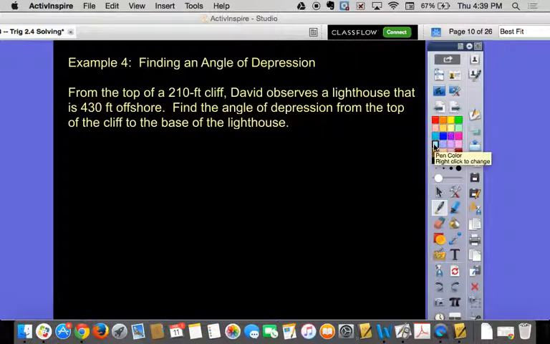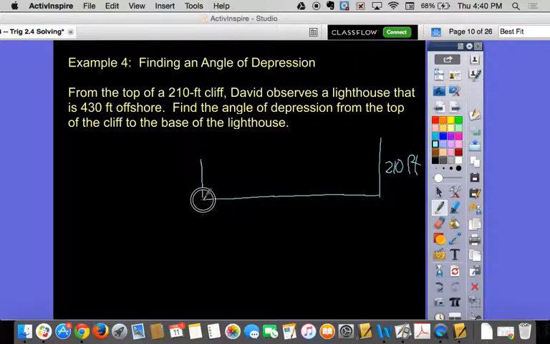It says from the top of a cliff that's 210 feet, so we know this much. It says David observes a lighthouse that is 430 feet offshore. Now, that doesn't make a whole lot of sense to me why the lighthouse is offshore. Maybe it's on an island somewhere. Find the angle of depression from the top of the cliff to the base of the lighthouse.